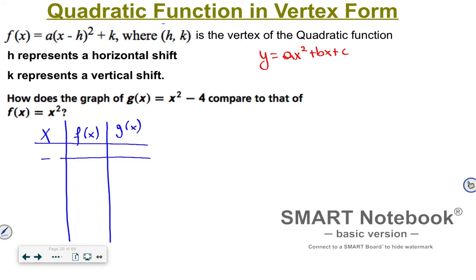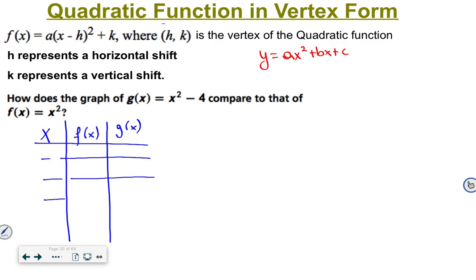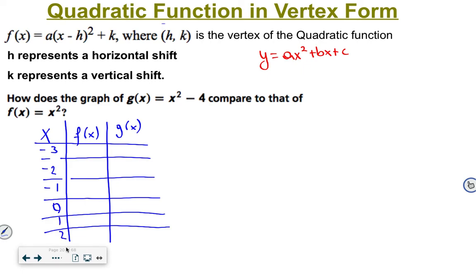You can give any x values to be able to find ordered pairs for f of x and g of x. So I would like to start with -3, -2, -1, 0, 1, 2, and 3.